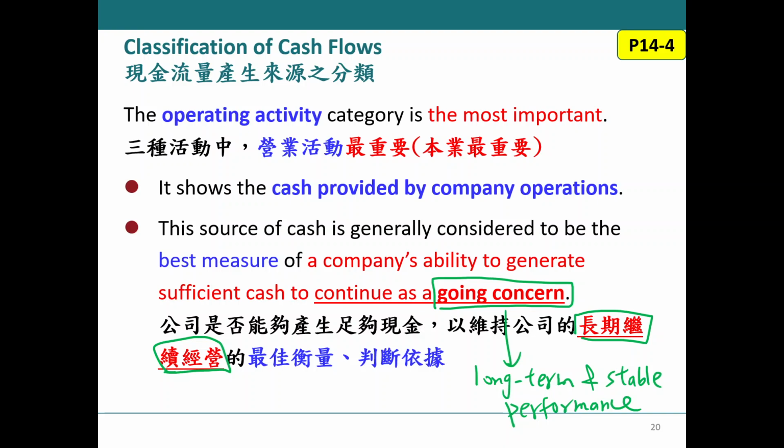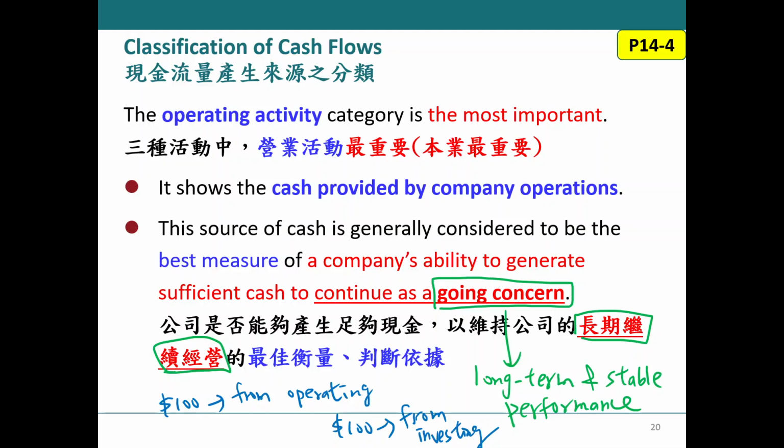Because even though you have $100, for example, if today I told you, you have $100 cash from operating, or you have $100 from investing, which one is better?